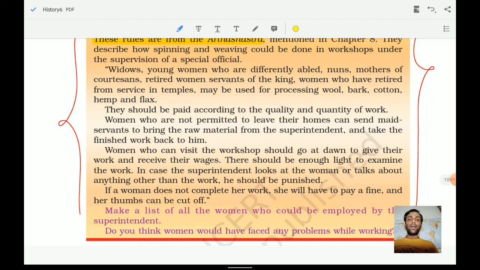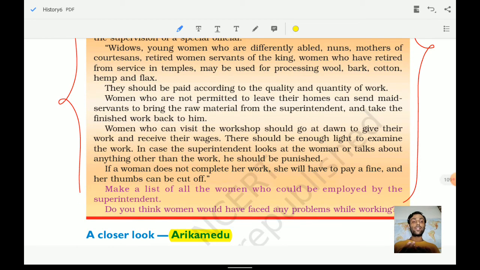The rules also covered women who can visit the workshop. They should go at the dawn. So there were clear-cut instructions about what time they need to go, right? They should go at the dawn to give their work and receive their wages on a daily basis.